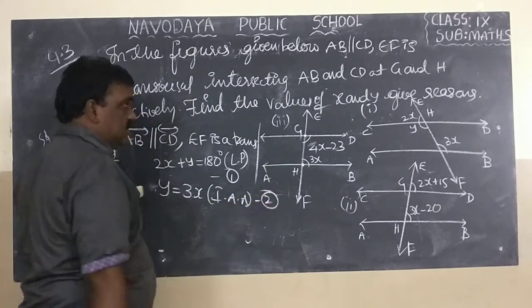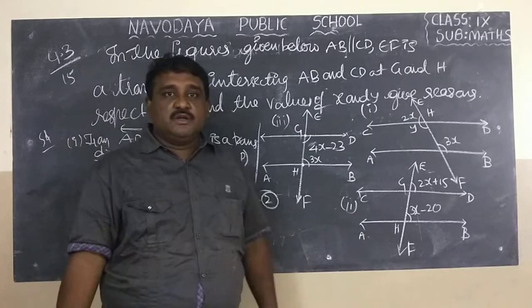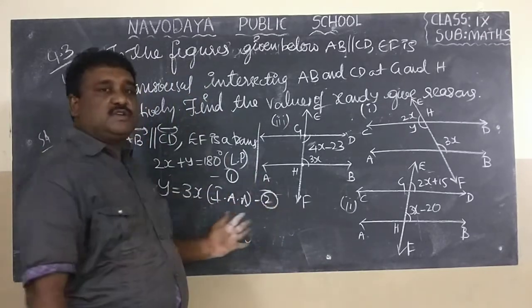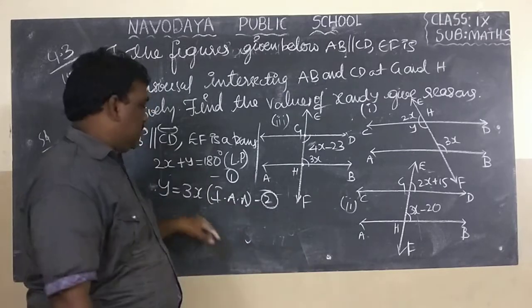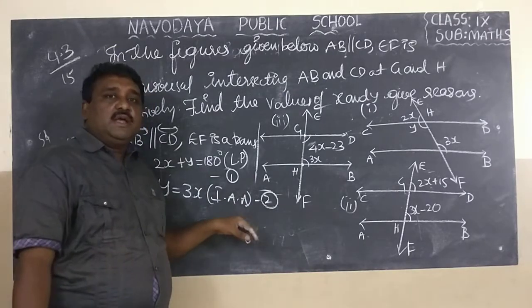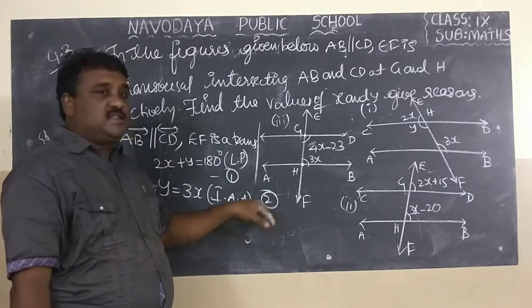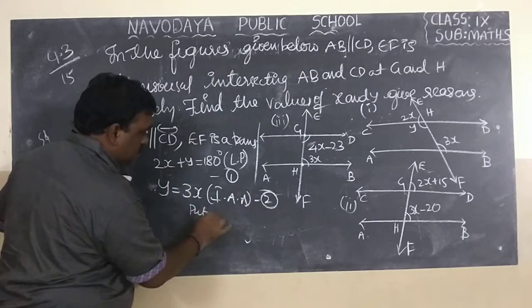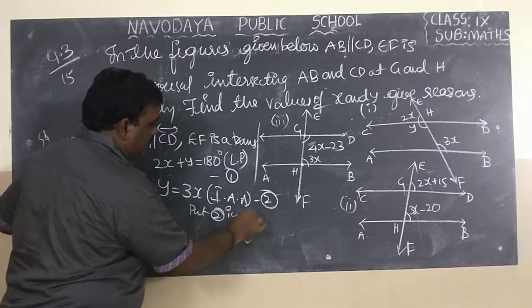Second equation. What is the first equation? 2x plus y equal to 180. What is the second equation? y equal to 3x. Why are they equal? Interior alternate angles. Now put 2 in 1.